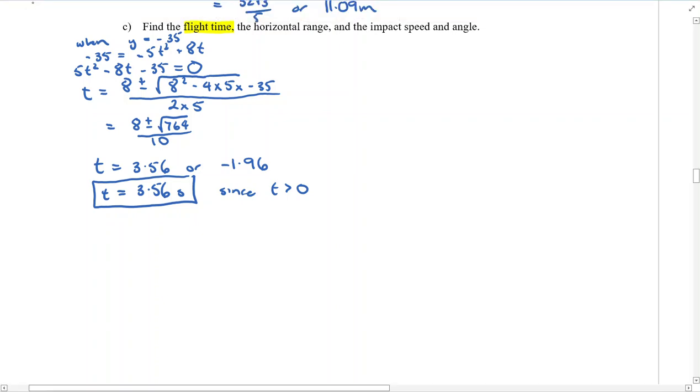I want to find x when t equals 3.56. And the equation was 8 root 3 t, but t is 3.56. So that equals 49.38 meters.